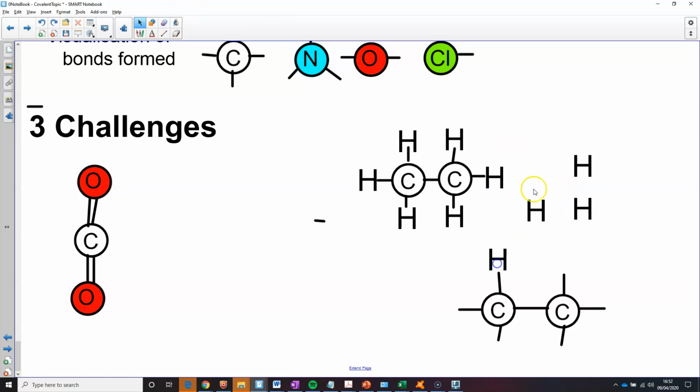So 1 connected here, 1 connected here, 1 connected here, 1 connected here, and we can see we've got 2 bits which aren't joined. But what we could do is just link those 2 together, like so. That would mean each carbon has formed 4 bonds, each hydrogen has formed 1 bond, and everything has formed the correct number of bonds.